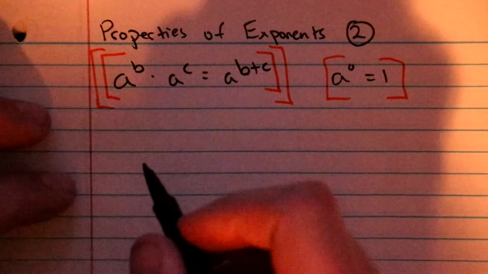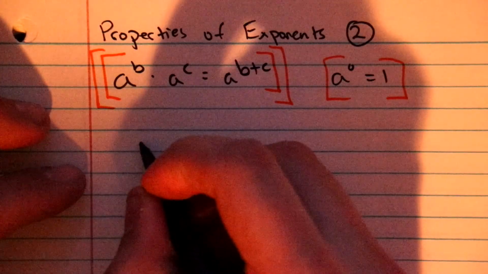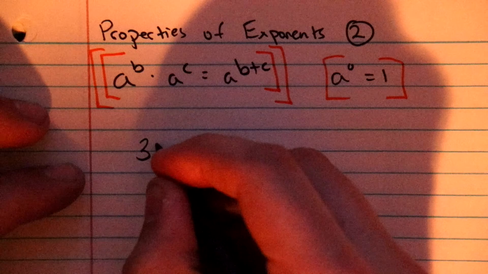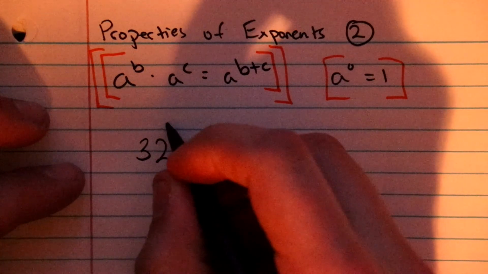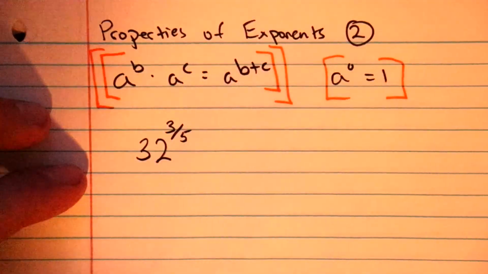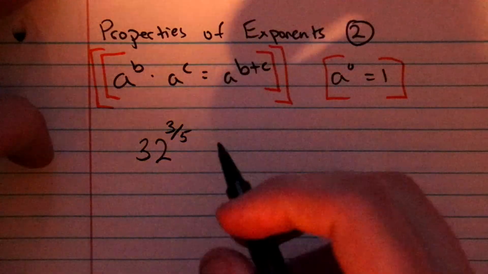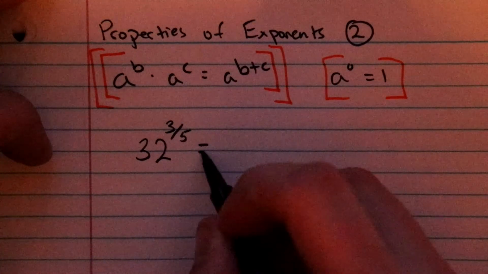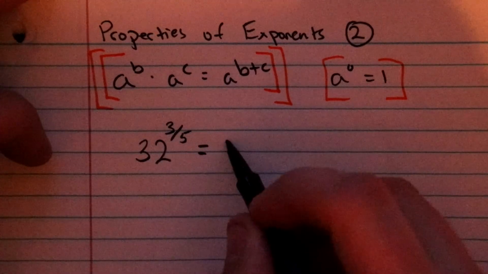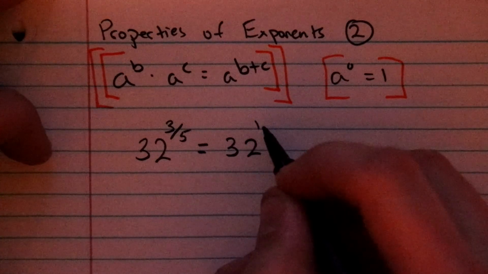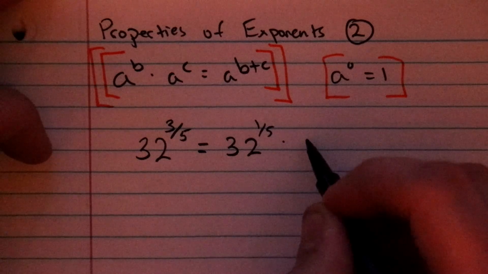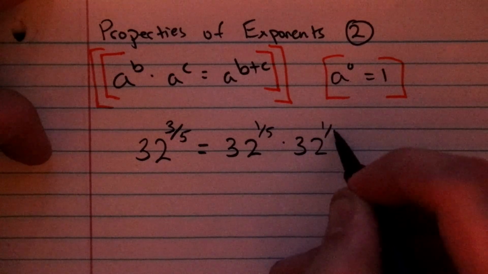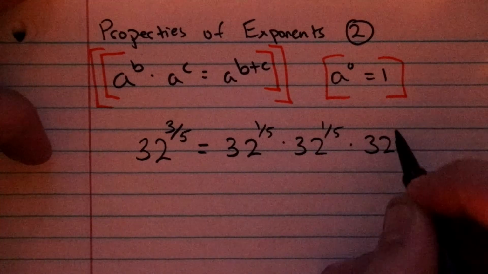We looked previously at, like, if we wanted to figure out what 32 to the 3/5 is. Let's think about that for a second. 32 to the 3/5. Well, I don't know what this equals, but I do know that it has this property: if we can add exponents, it's 32 to the 1/5 times itself 3 times.